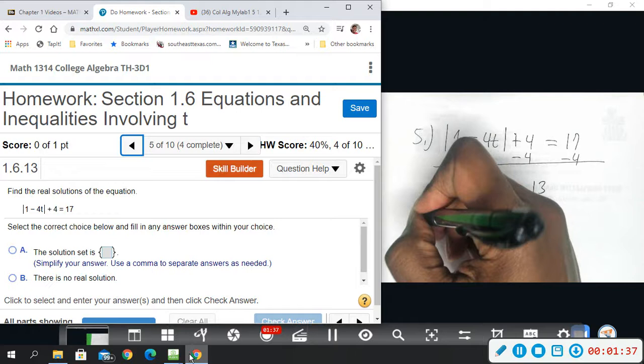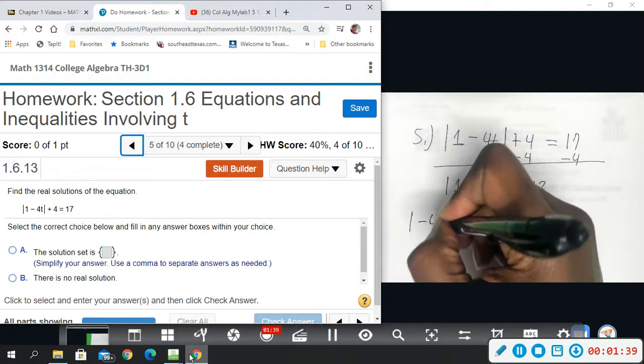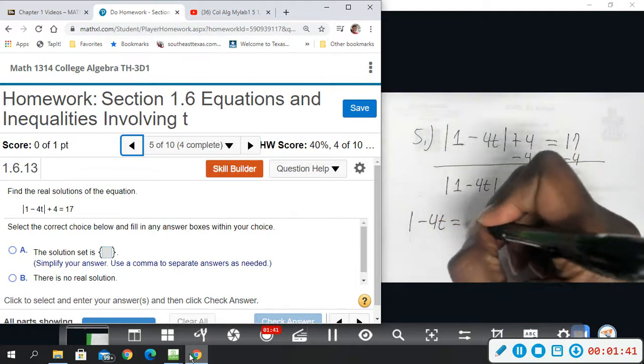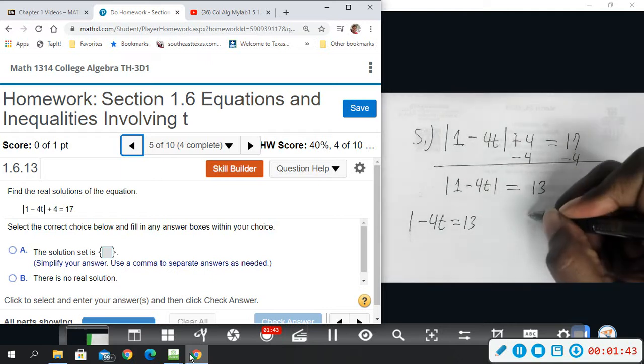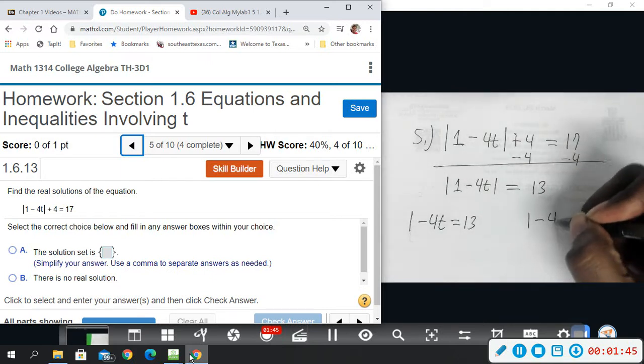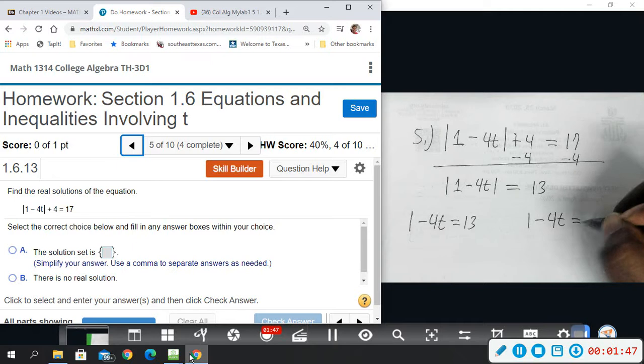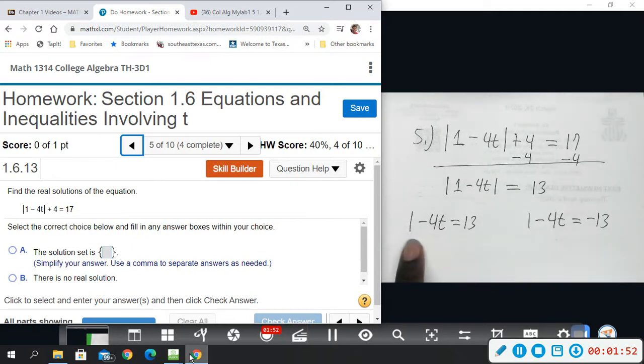So we do 1 minus 4t equals 13, and 1 minus 4t equals negative 13. We're going to subtract 1 from both sides.